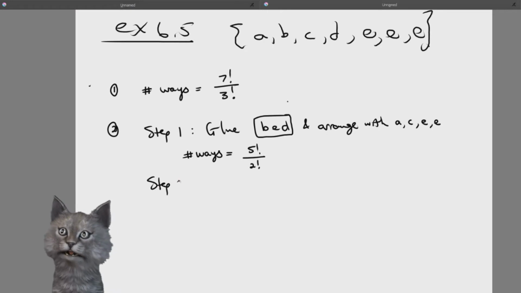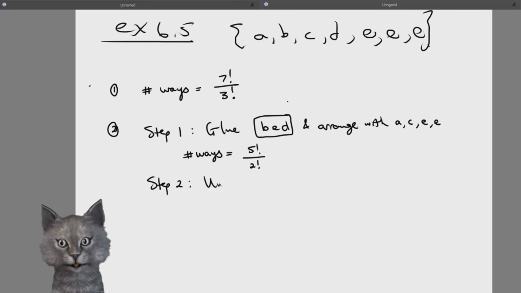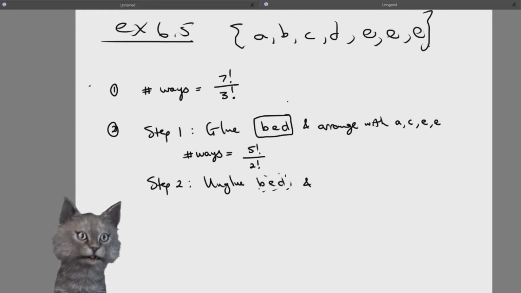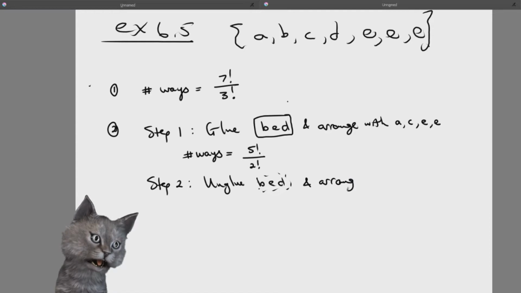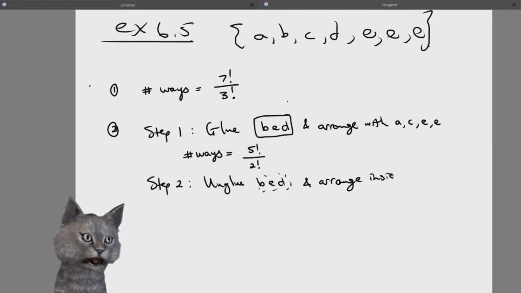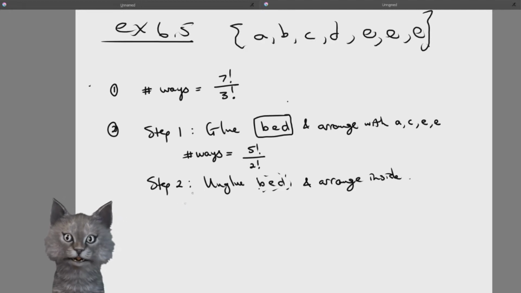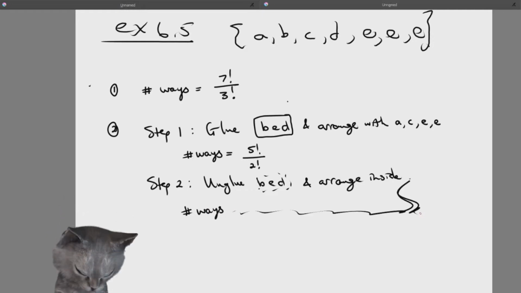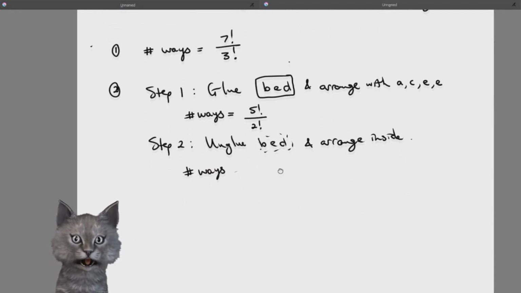Now, when I glue, there's always a second step. I unglue the B, the E, and the D, and I arrange inside that super letter. Sorry, I'll try to write a little better. I'm just so excited. Sorry. Got carried away.